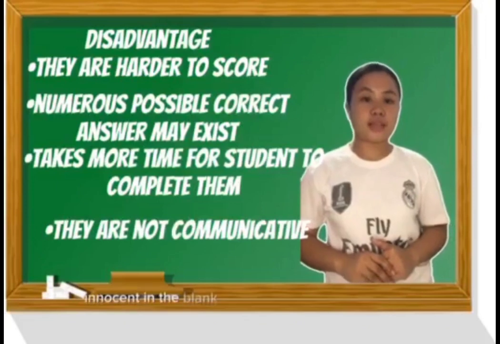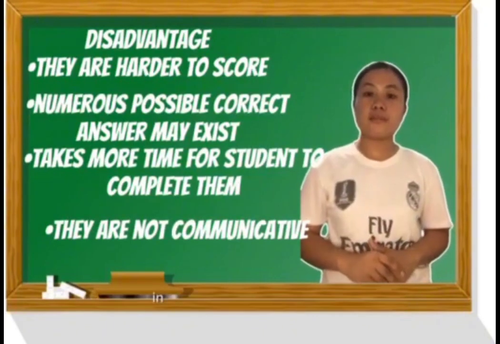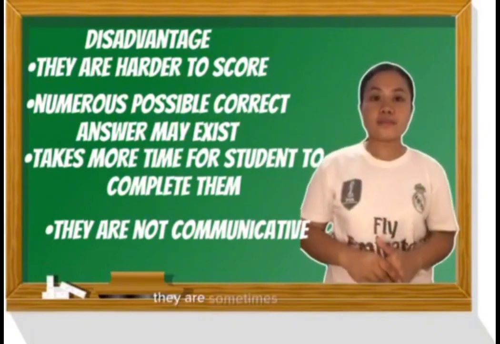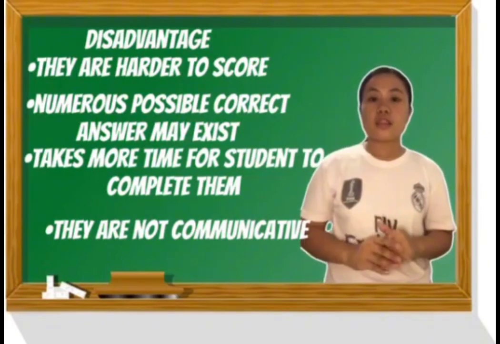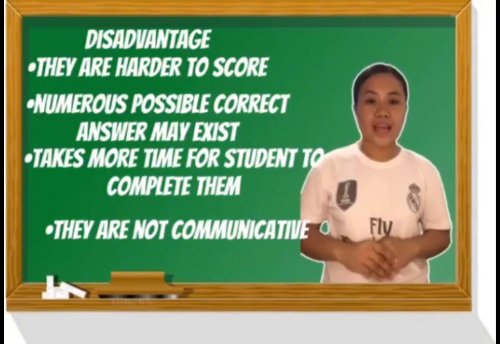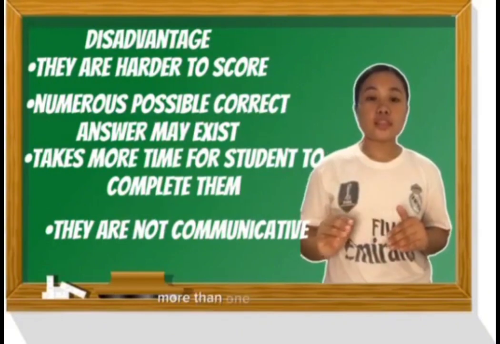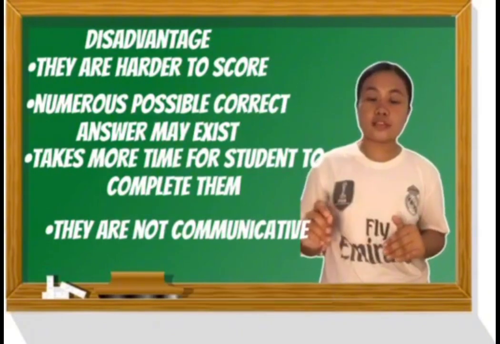Disadvantages of fill in the blanks. The disadvantage is that it's hard to score because sometimes the author can put two or more blanks, and there can be more than one correct answer.